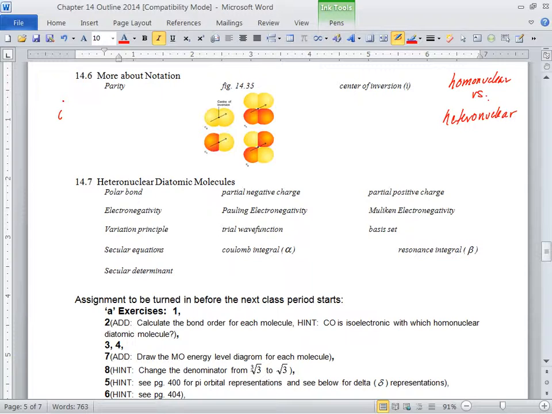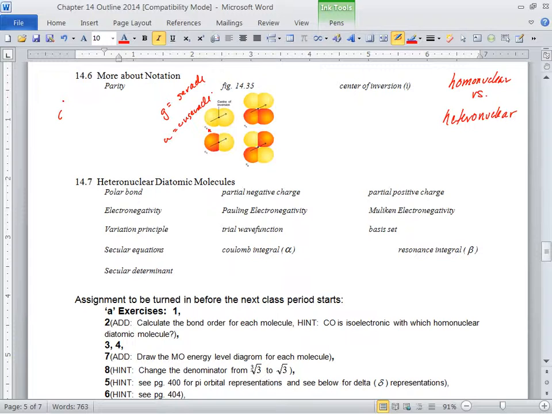Only that has a center of inversion. So only for homonuclear diatomic molecules are you going to see these little symbols. Can you see these little symbols on there? That's a g, for gerade. That's probably more than you need to know. The little u, ungerade.